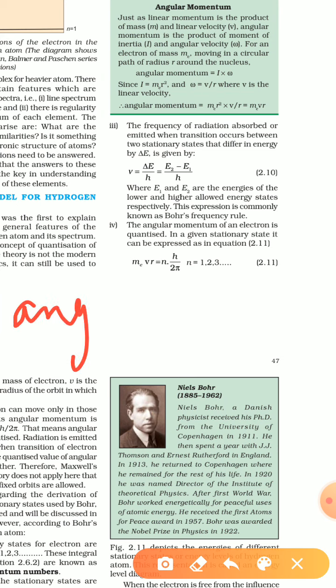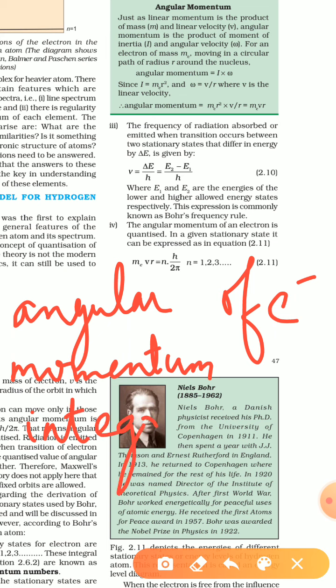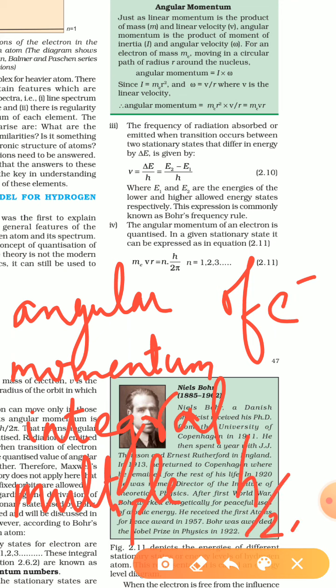The angular momentum of an electron is an integral multiple of h by 2 pi, where h is Planck's constant.